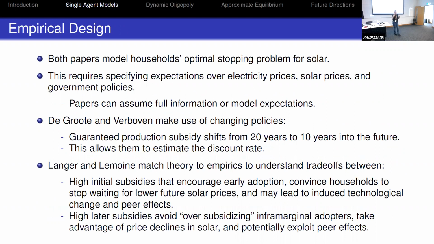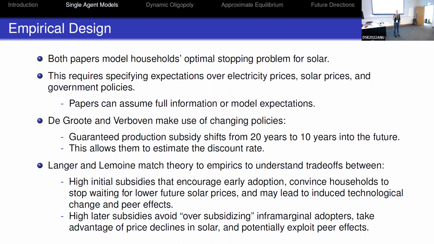Well, I'm going to install solar when the upfront cost of solar, given my expectations of the future evolution of that cost, is enough to offset electricity prices now and into the future, right? So I have to think about the current prices, the future prices of both electricity and solar, and then potentially government policies. If I think the government policy is going to change in the future, that's going to change my behavior.